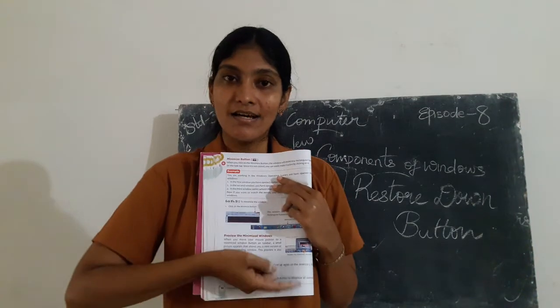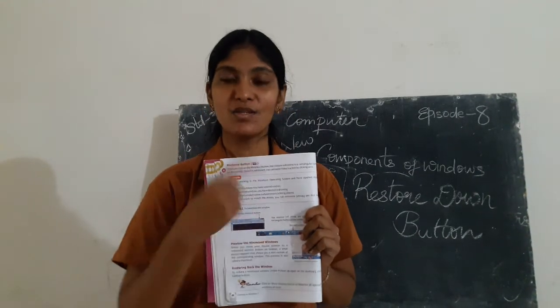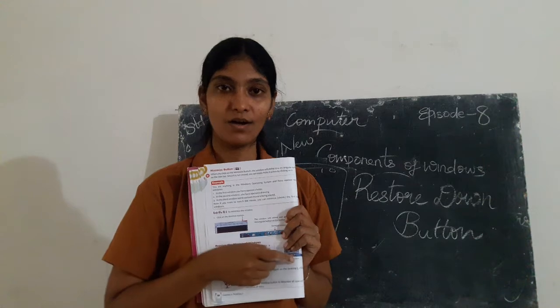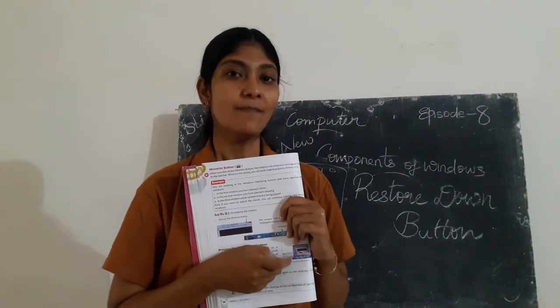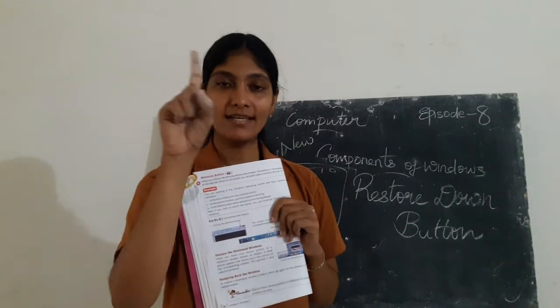At the bottom portion of the window there is a long bar, known as the taskbar, right? When we minimize the window, it will shrink and be placed on the taskbar. If you want to open that minimized window, just click on the icon that is present in the taskbar. Then the whole document or whatever the icon is will open.